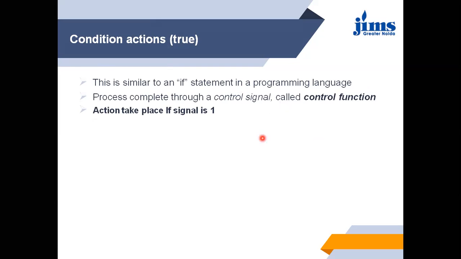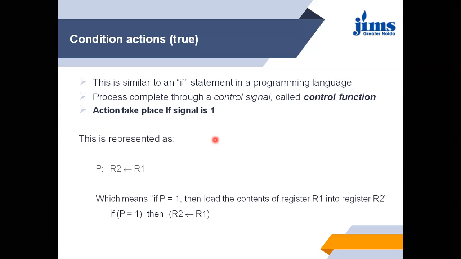The action takes place only if the control signal is high. The name represents this. This is a signal that controls the operation. So the action takes place if the signal is 1, meaning the signal is high.